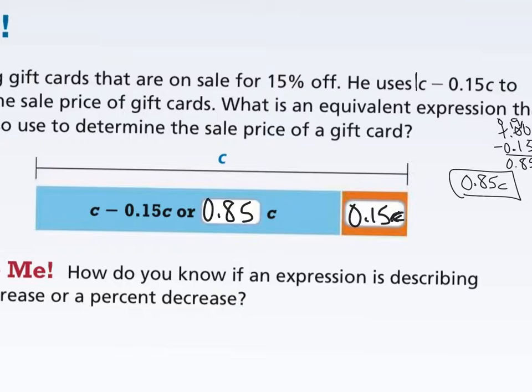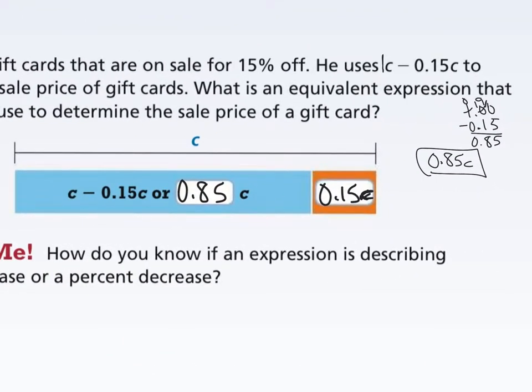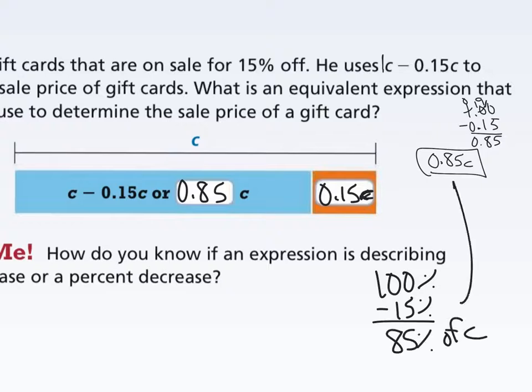And then you can see those two combined together would make 1C or just C. Another approach you could do to this problem would be that you could say, well, full price would be 100%. We're saving 15%. So when you subtract, that's 85%. So 85% of C, and that'd be 0.85 C as well. Okay? Either approach that you want to use there is fine.